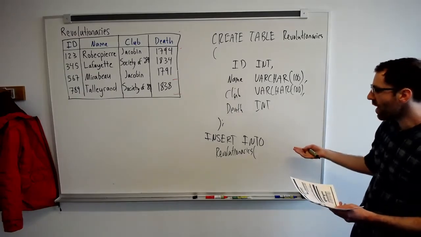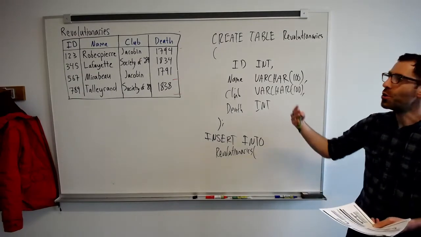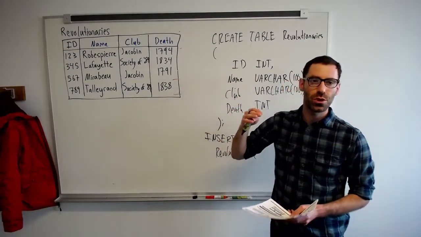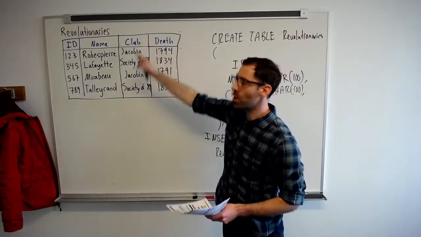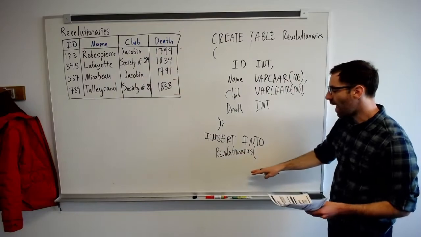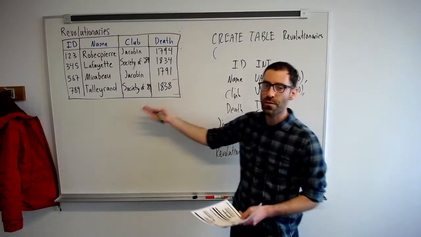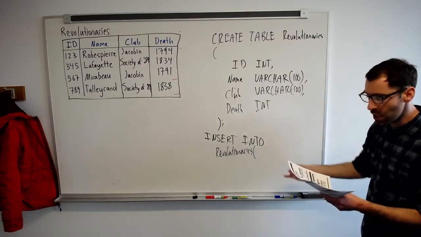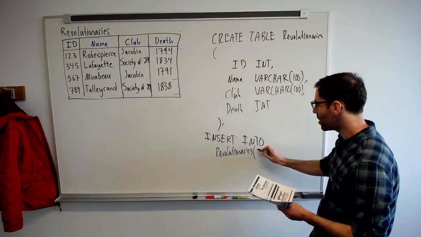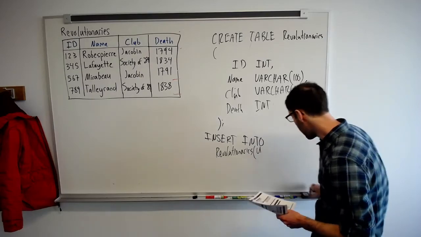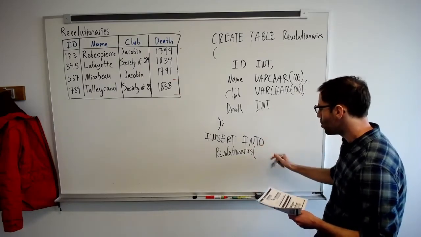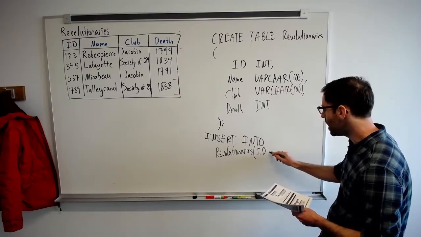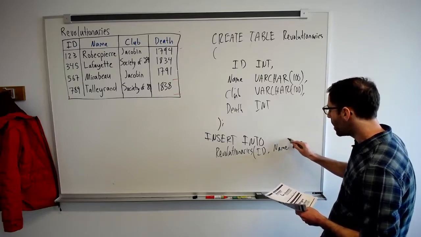So we could in fact insert a new tuple into our revolutionaries table who didn't belong to any political club, and then that would insert with a value of null for that attribute. And so with this insert into, we're just inserting a tuple with ID and name and nothing else.